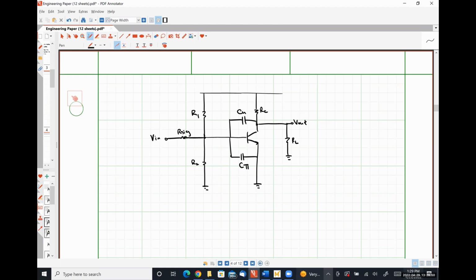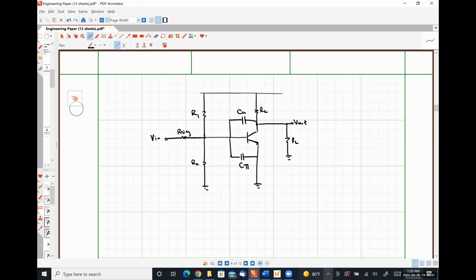What do you mean by split it up? Did you not pay attention at all when we talked about the Miller method? So what the Miller method allows us to do is if we have a floating impedance between two nodes that we know what their DC transfer function should be, we can apply a portion of that capacitance or a portion of that impedance to the input node of that transfer function and a portion of that impedance to the output node.